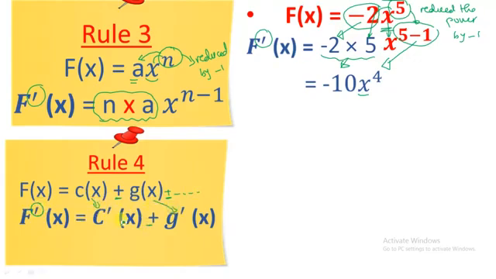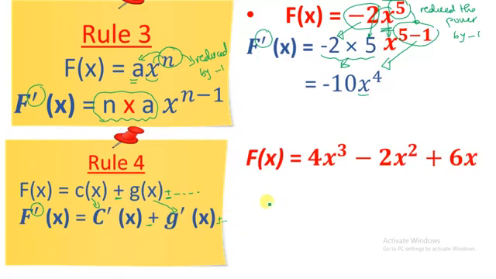That means c prime of x plus or minus g prime of x plus or minus etc. For example, if I have f of x equals 4x cubed, the first term, minus 2x squared, the second term, plus 6x, the third term. If I want to find the derivative f prime of x, then I will take the derivative of each term alone.